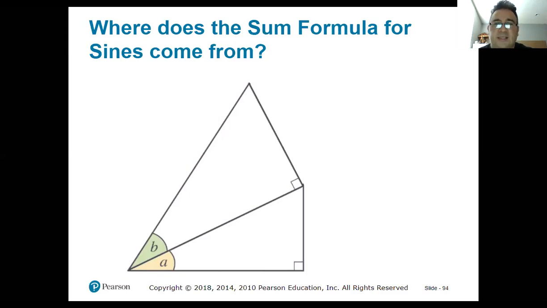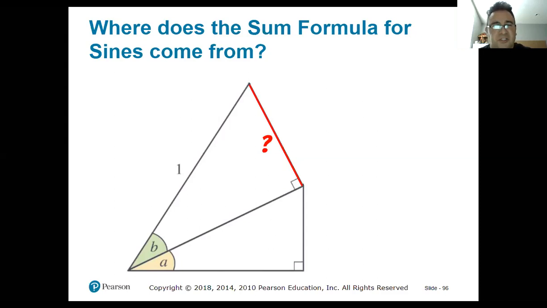So first is this side over here. We'll make that length 1. Sorry, I forgot about that. What would be the length of that side over there if the hypotenuse for beta is 1? Sine of B. That's it, sine of B. Look at your bell ringer.